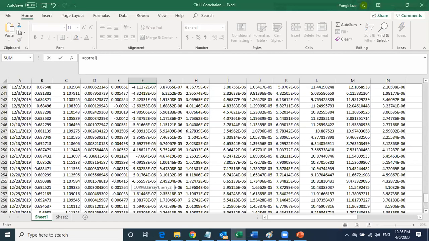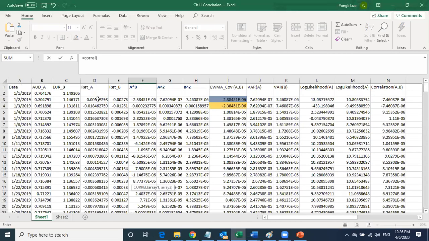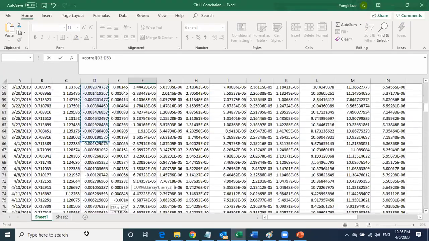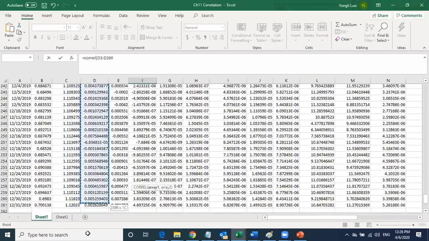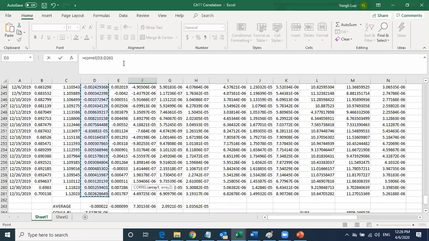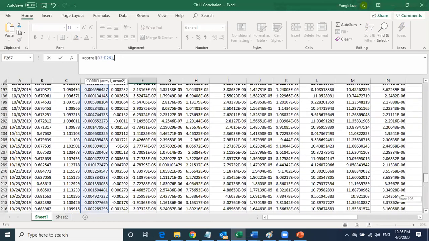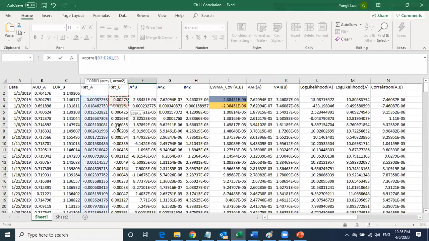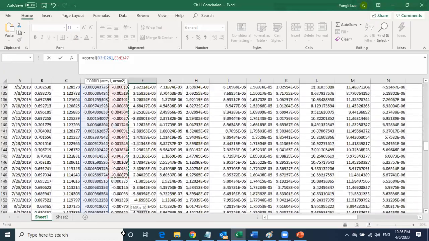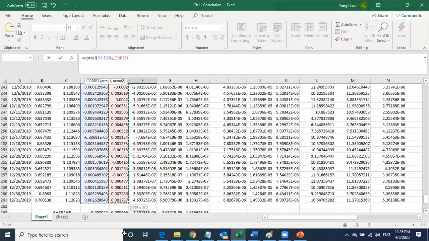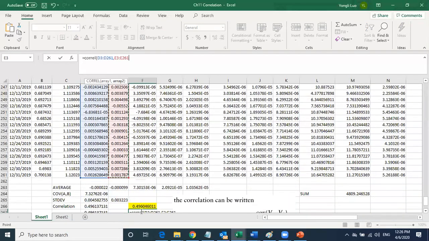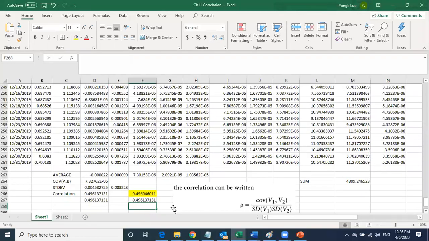So let's say we select the correlation of returns A, and then we select the return of B. So we have the correlation.